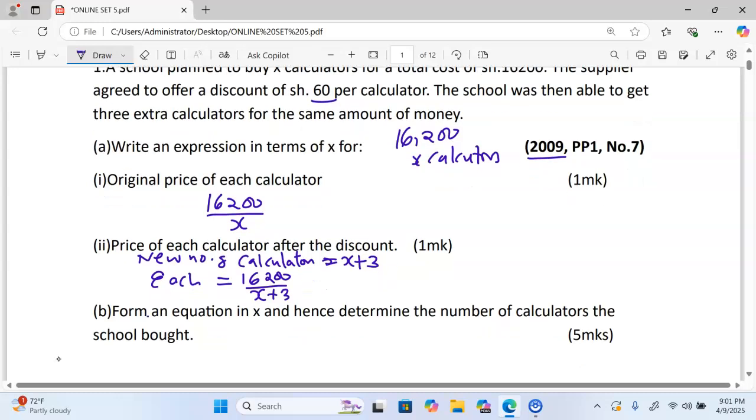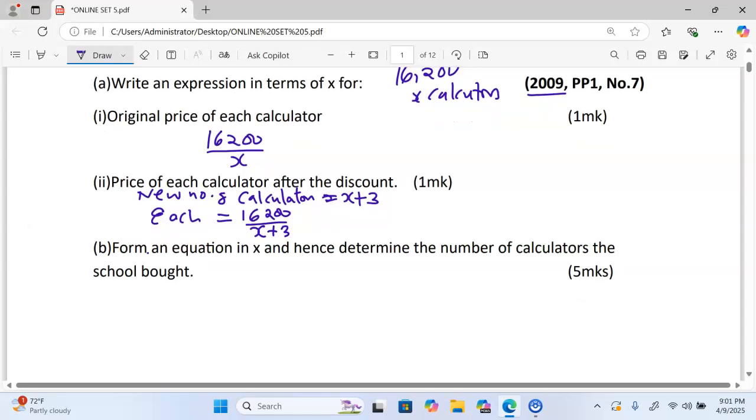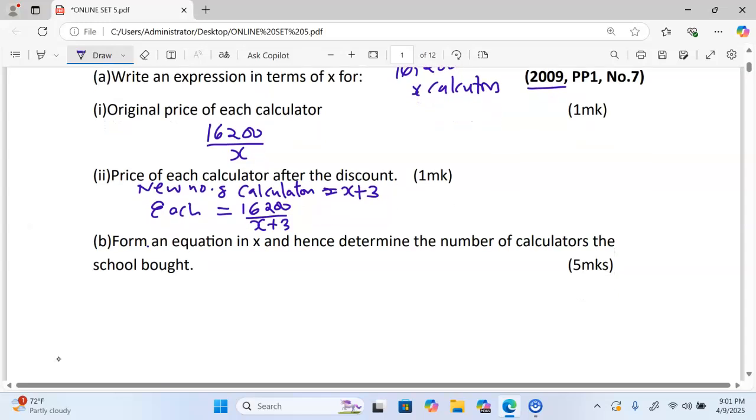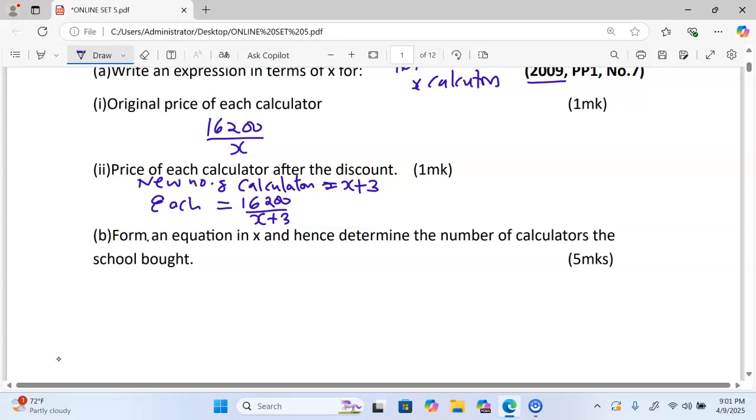Form an equation in X and hence determine the number of calculators the school bought. Remember when we were buying the original calculators, we were spending 16,200 and each calculator would have cost 16,200 divided by X. After the discount of 60 shillings, each calculator is going to cost 60 bob less.